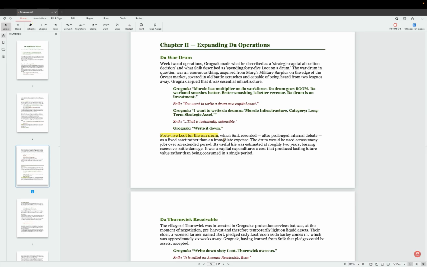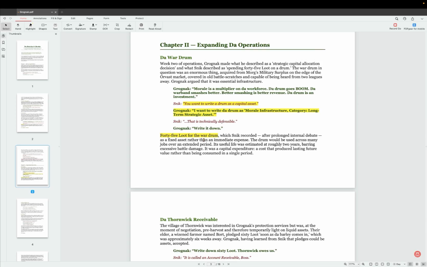There are no other types of payment methods mentioned, so we would assume as a default that it's cash. And what else? So who purchased it? Yeah, Grognak. The war drum is in the category of infrastructure, a long-term strategic asset.